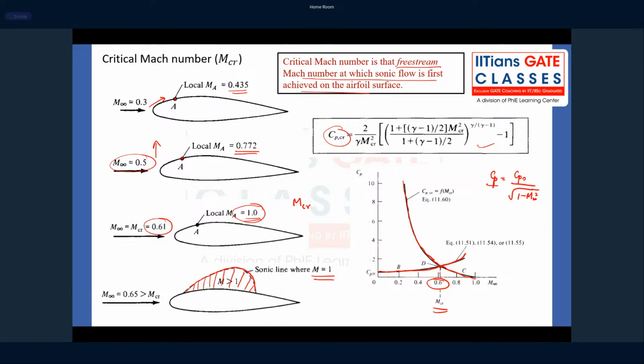Is this concept clear to you guys? Okay. All right. So you just have to remember that it is a free stream Mach number at which you first obtain the sonic flow.